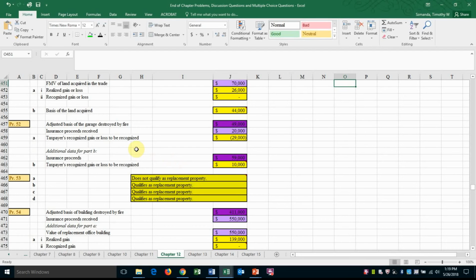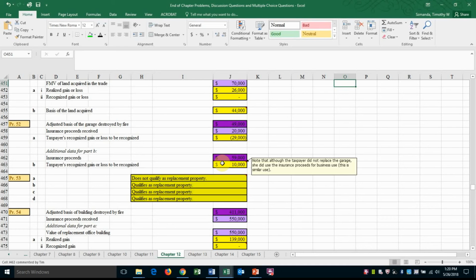Number 52 is similar to number 51. You can practice on that. Just when you look at number 52, one thing you want to realize is that the taxpayer did not replace the garage. She did use the insurance proceeds for the business, and this is considered a similar use.